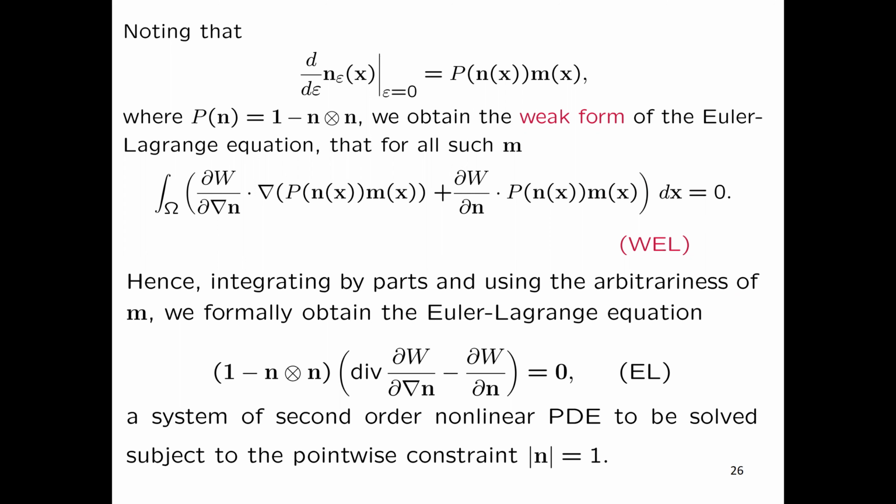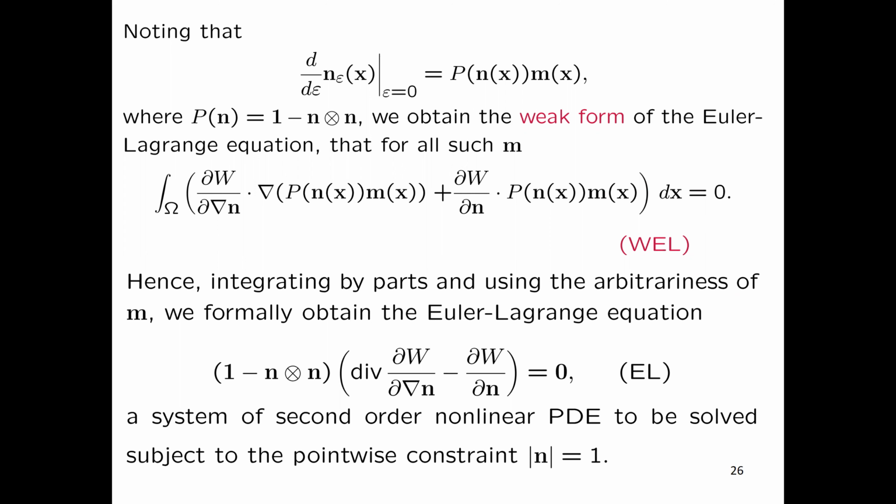It's nonlinear because W is nonlinear, and you have to solve it. It's a system of PDE, because n is a vector field, right? So this is three nonlinear equations, and you have to solve them subject to the pointwise constraint that n is a unit vector field.